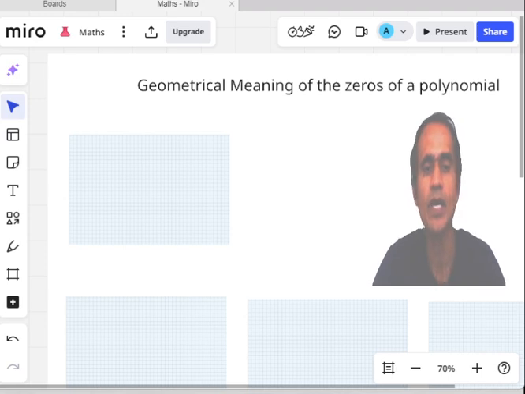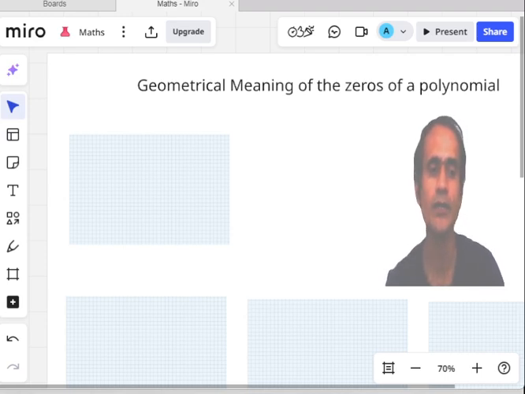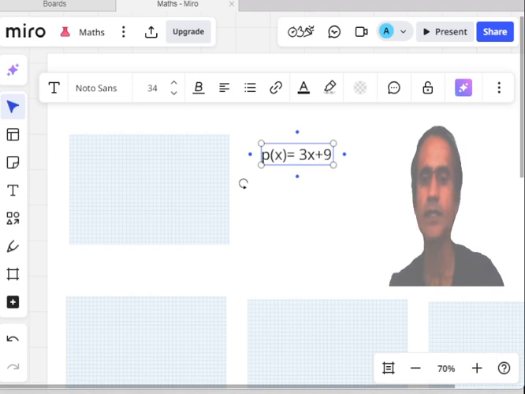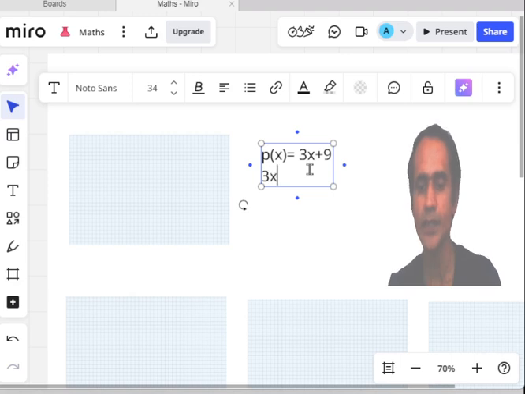So if we have an equation, let us take a simple linear polynomial. What will be the 0? It will be the value which gives the value of this equation as 0. So we get 3x plus 9 equals 0.